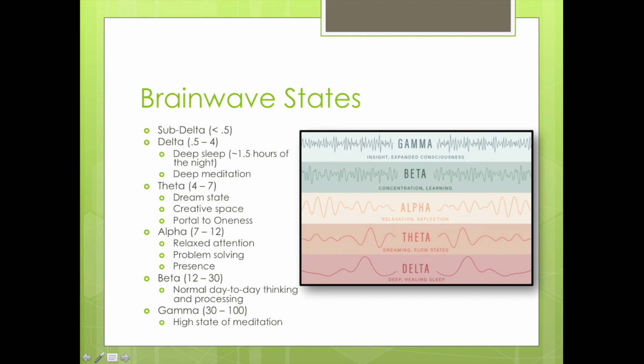We then have the beta brain waves, which range from 12 to 30 cycles per second. And this is our normal day-to-day thinking and processing. This state is activated when we perform cognitive tasks or when we need to be engaged in decision-making or concentrated efforts of some kind.